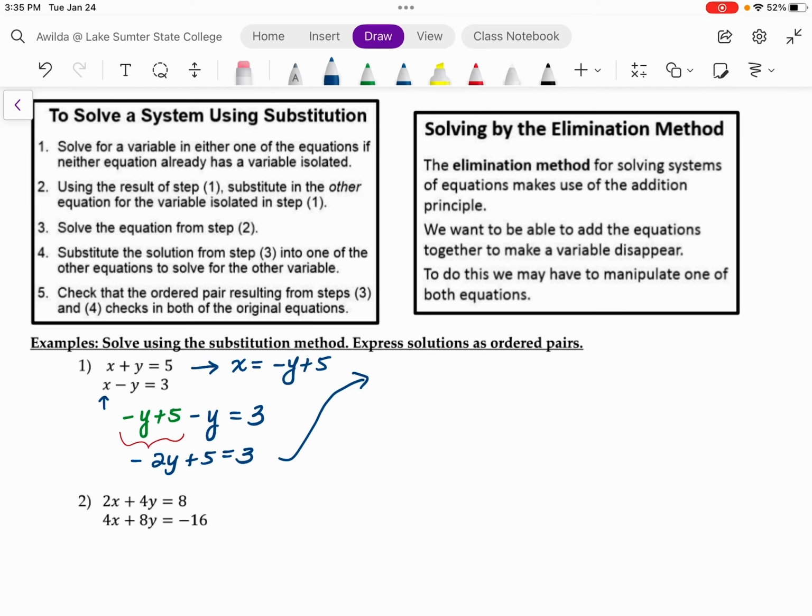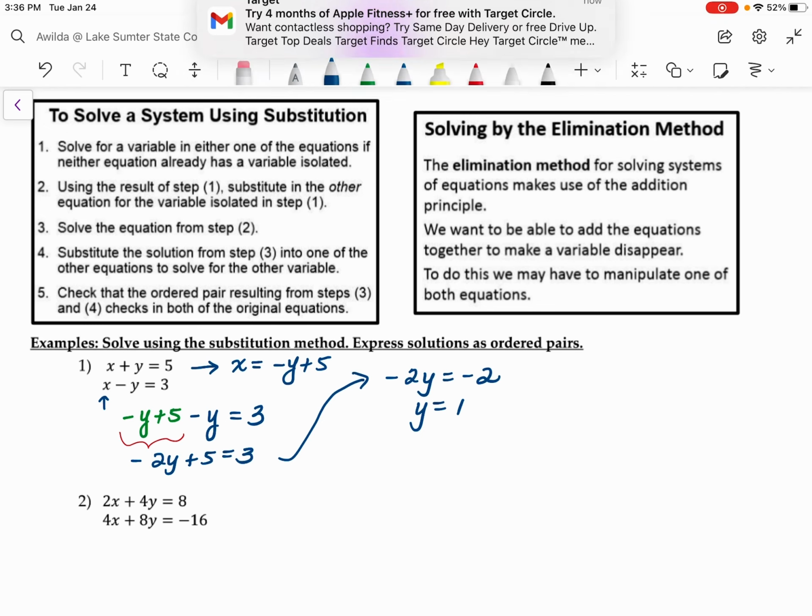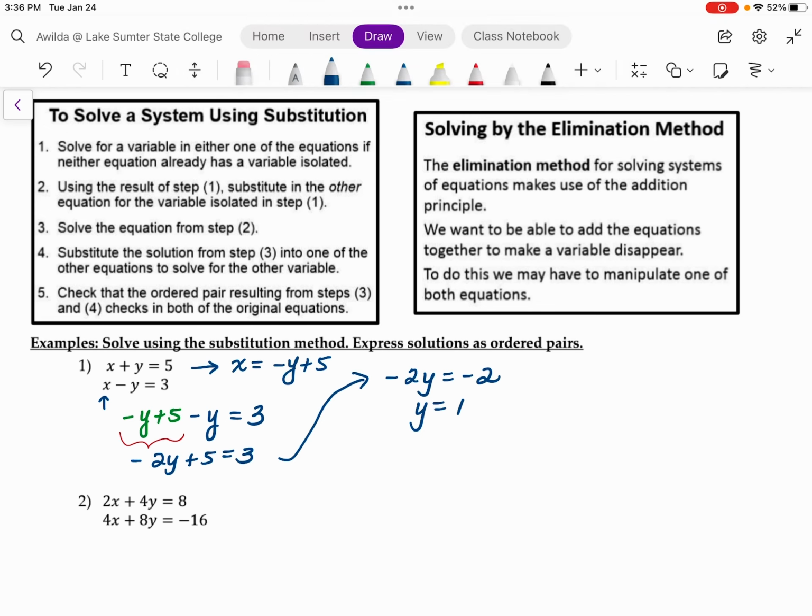If we subtract 5 from both sides, we get negative 2y is equal to 3 minus 5, which is negative 2. And dividing both sides by negative 2, we have that y is equal to positive 1. So we have solved for y. Now we still have to solve for x.